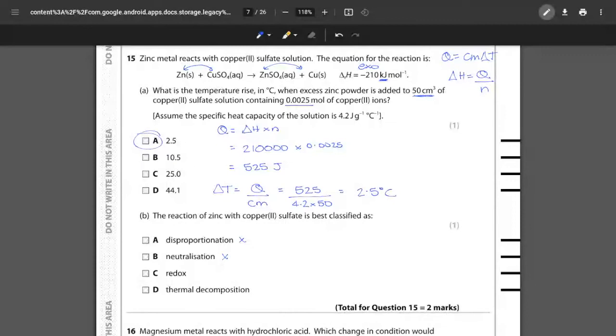And it's not a thermal decomposition because I'm not breaking anything down. That means my answer must be a redox reaction. And what's actually happening is we've got zinc solid reacting with copper 2, and we're forming zinc 2 plus copper solid. So we're getting oxidation and reduction happening, so therefore this is a redox reaction.